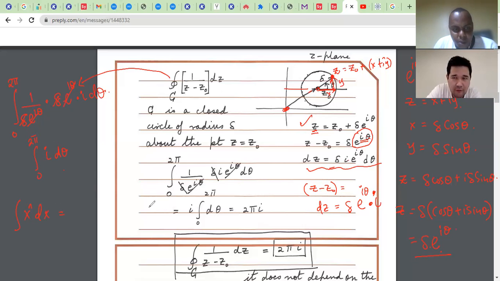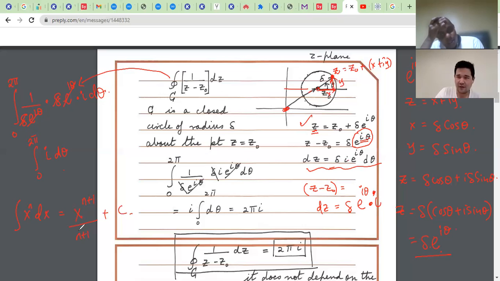You remember in differentiation we were subtracting 1 from n; here you add 1 to n, and instead of multiplying, you divide by n plus 1. Yes. So that is the power rule for integration. What's the C? It's just a constant.